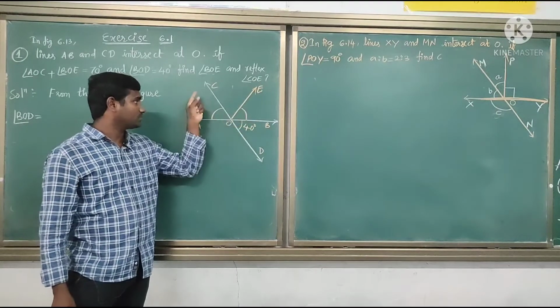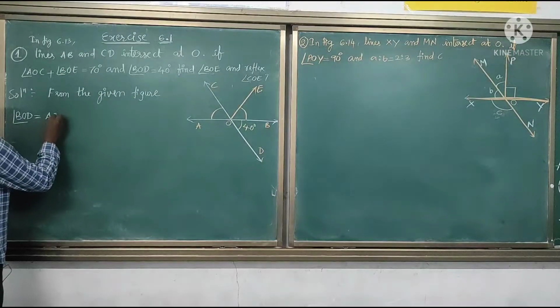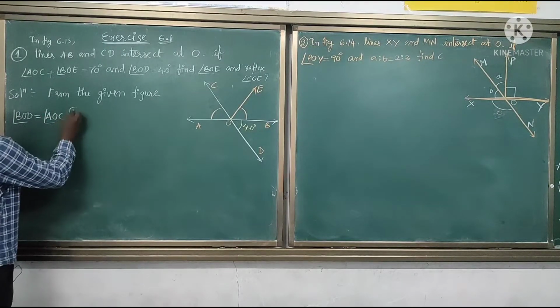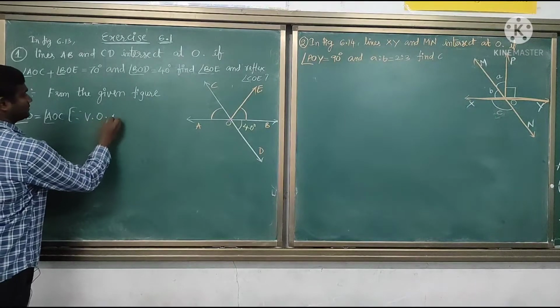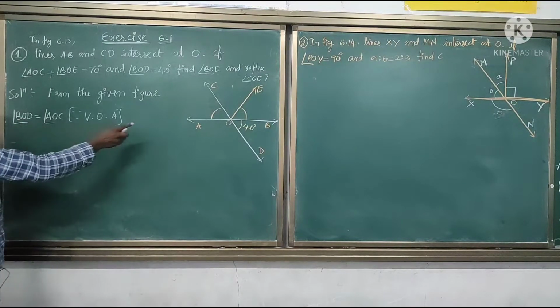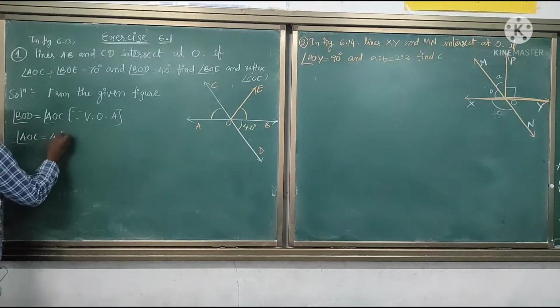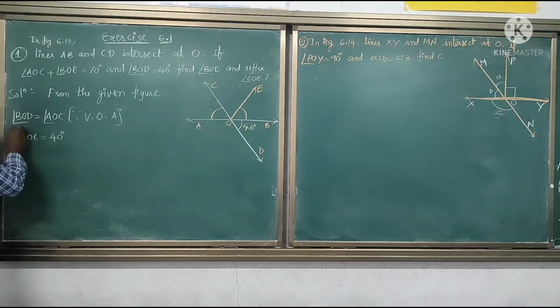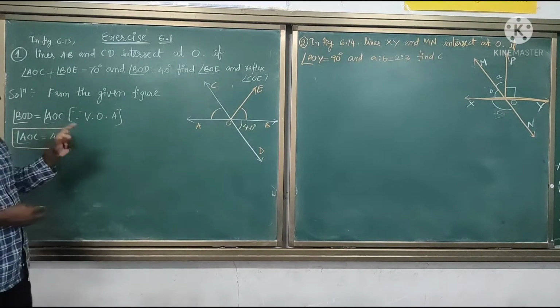BOD equals angle AOC, because those are vertically opposite angles. What is the reason? Those are vertically opposite angles. If angle BOD equals 40 degrees, then angle AOC equals 40 degrees. So with this, how are we going to find BOE?